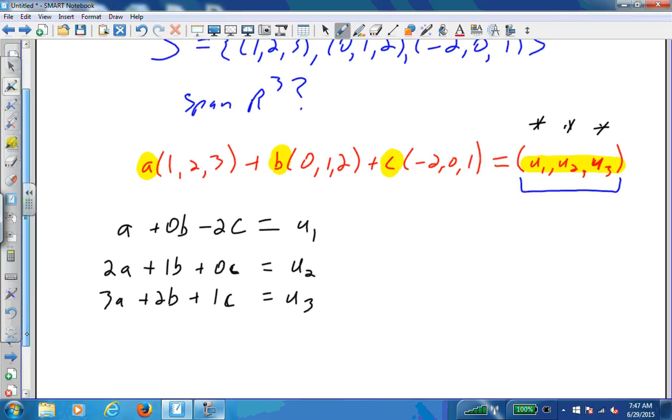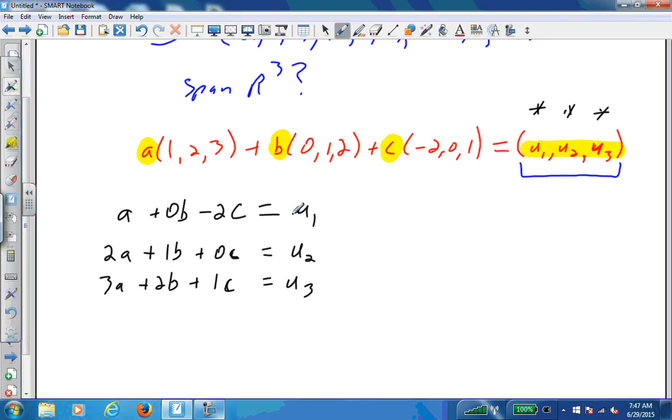So if we were to row reduce this, then we can find a correlation between A, B, and C, and U1, U2, and U3. But if we're only looking to see, is there a linear combination of these such that we can form any vector, then we're just wanting to see, is there a solution to this, or is this not possible?